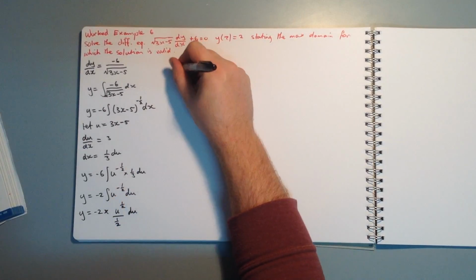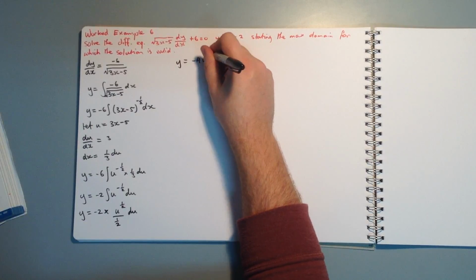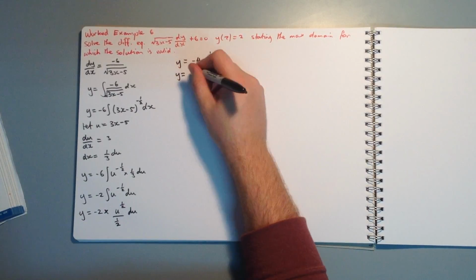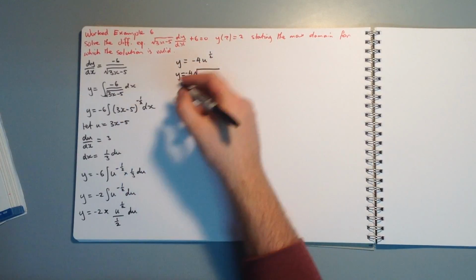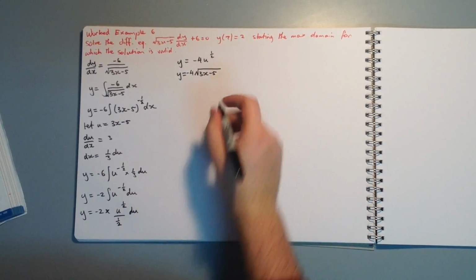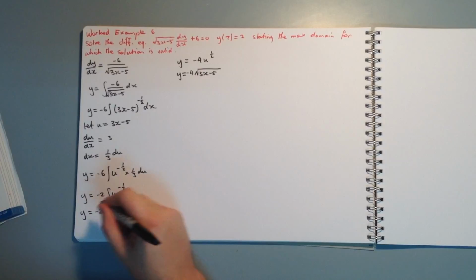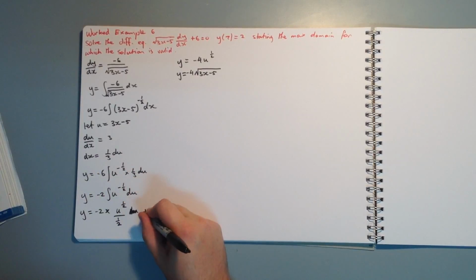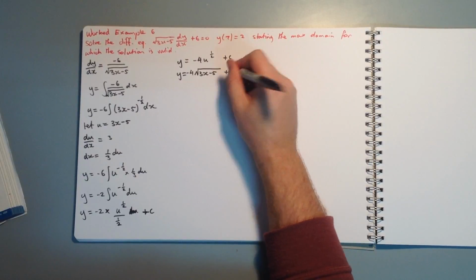So y is equal to minus 4 times u to the half, or y equals negative 4 times the square root of u, which is 3x minus 5. Oh, and don't forget, sorry, we didn't need our du there, we need our plus c.